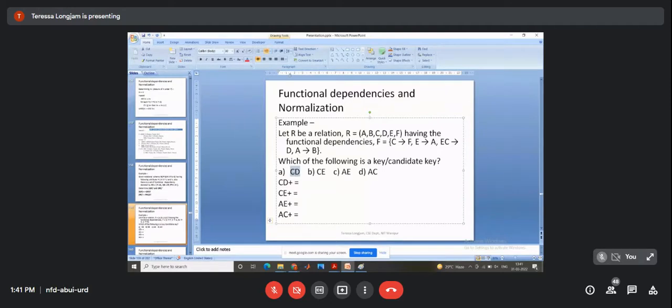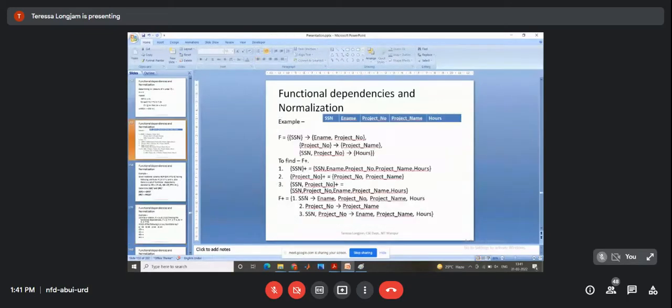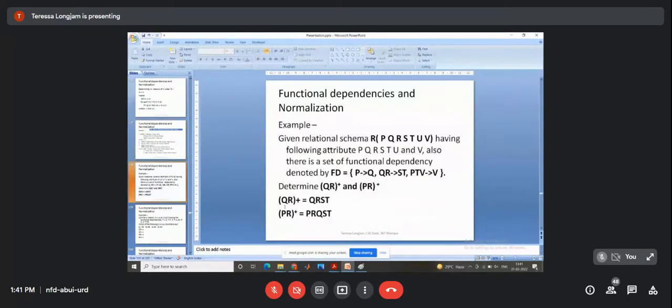Whatever we have in CD plus is the set of attributes which can be determined from CD. Here you can see QR, from QR, whatever we have here we will be able to determine. From here we can conclude many functional dependencies.